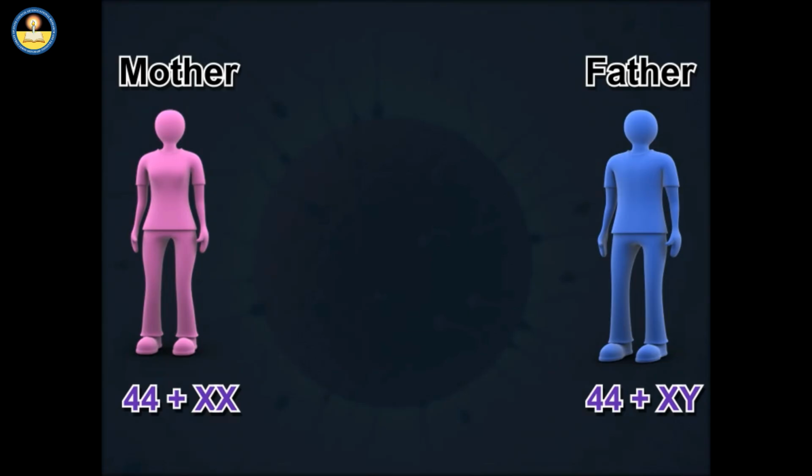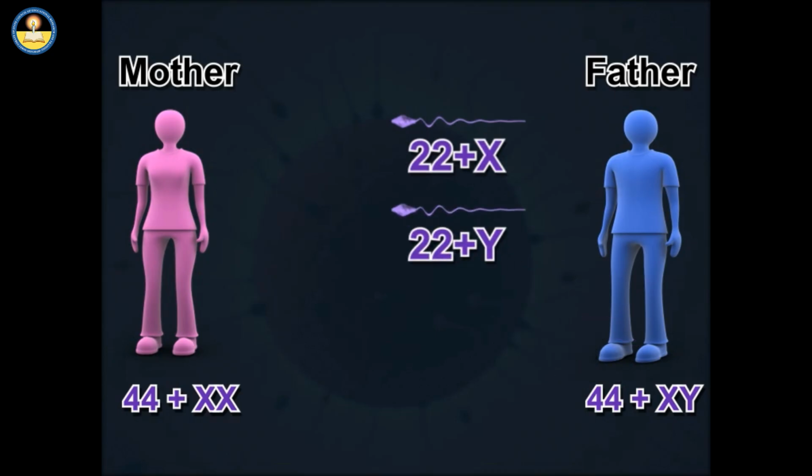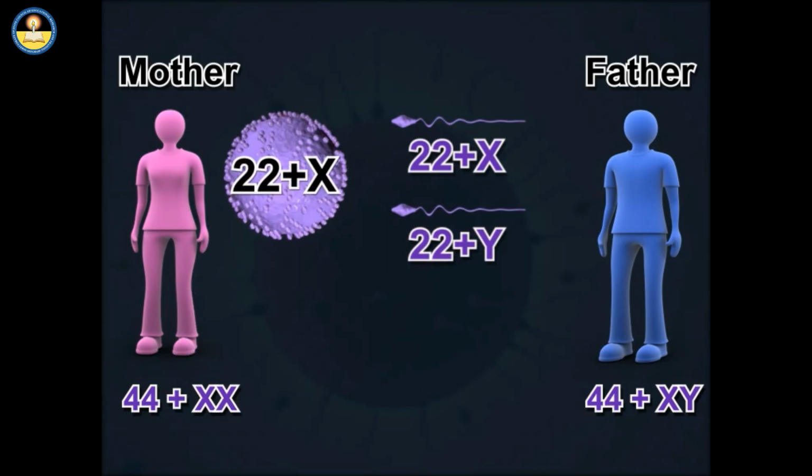In case of humans, a male determines the sex because males produce 2 types of sperms. One type carries an X chromosome and the other type carries a Y chromosome, while females produce all eggs containing X chromosome only.